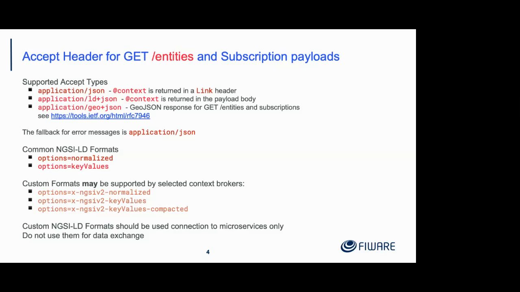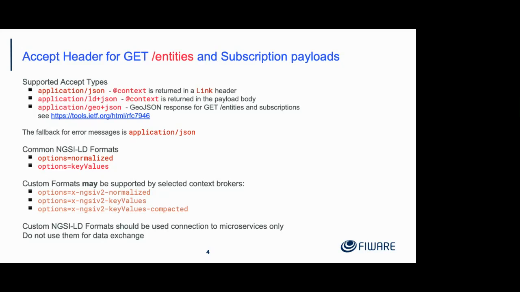There are alternative formats. Just because normalized and key values are mandated doesn't mean that you can't have brokers who may, and not all brokers will do this, support additional content. The examples here are taken from Orion-LD. Options X NGSI v2 normalized, X NGSI v2 key values, X compacted.